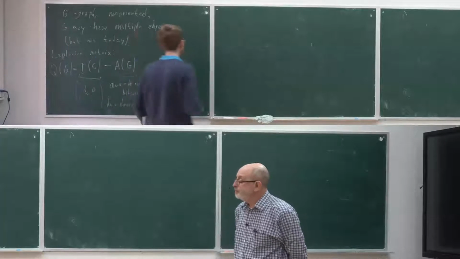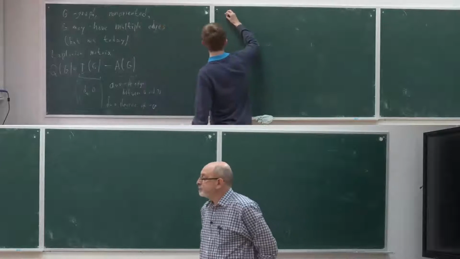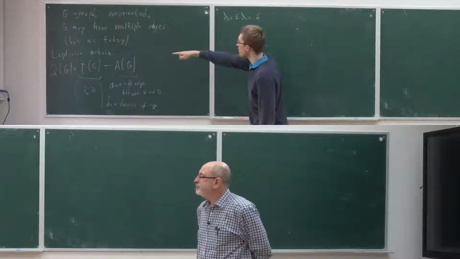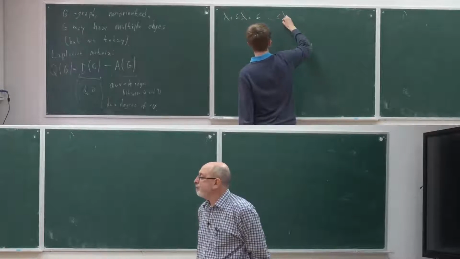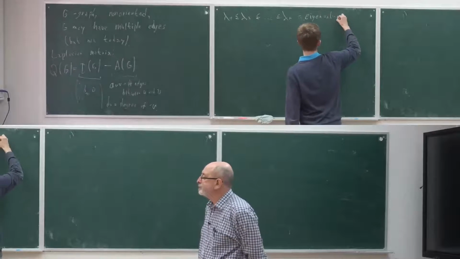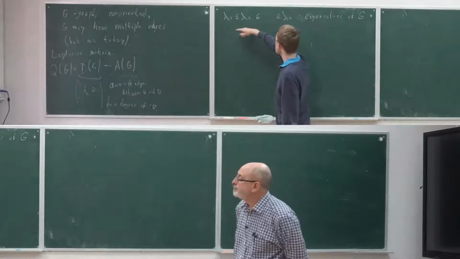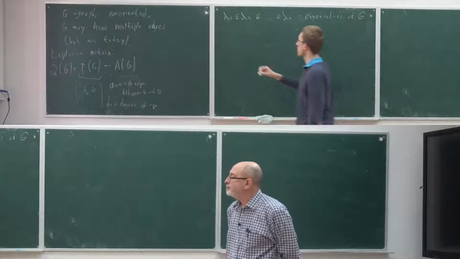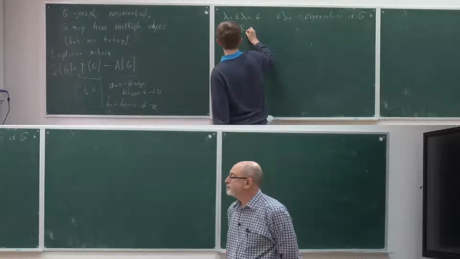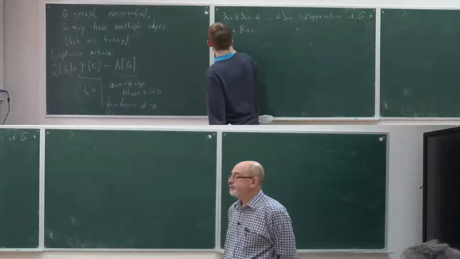So we are interested in eigenvalues of the Laplacian matrix. Here lambda 1 is the smallest one, lambda n is the greatest one. We know that they all are real non-negative numbers, and the smallest number is just 0.